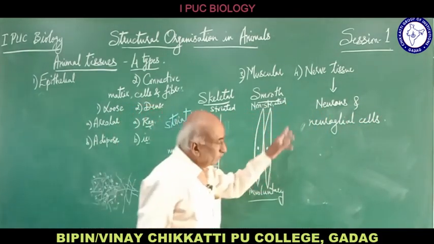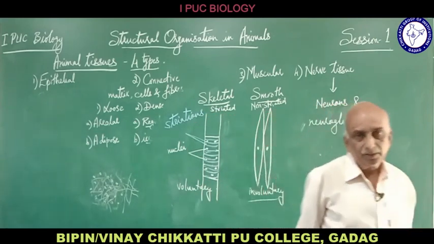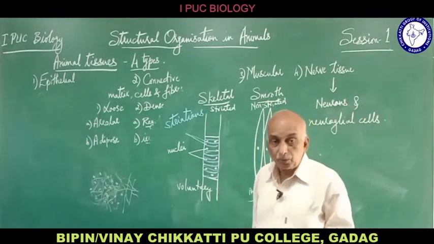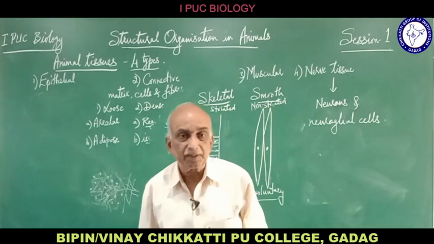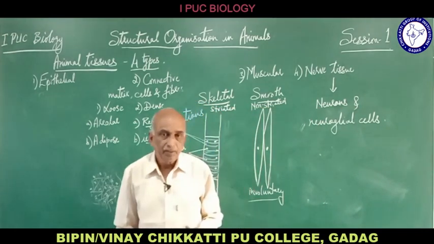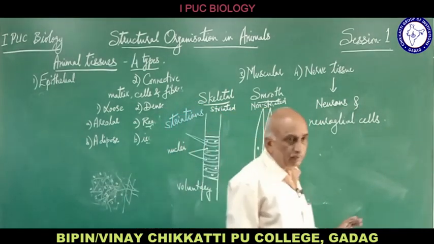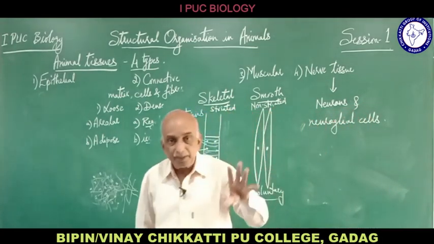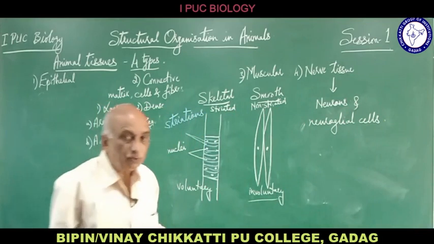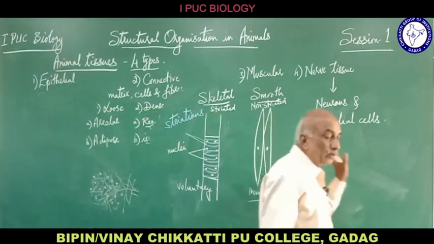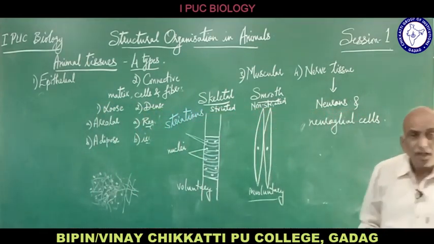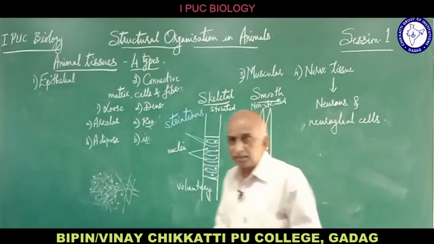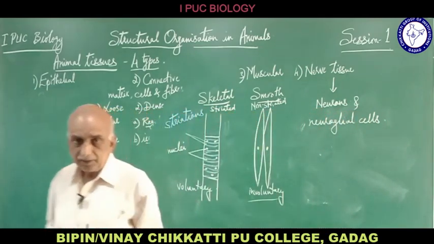So the nerve cells in a nerve tissue are the neurons. The neurons are the structural and functional units of the nerve tissue. The main function of the nerve tissue is conducted by the neurons, and supporting the neurons there are the neuroglial cells. So the neuroglial cells are the supporting cells which help in the functioning of the neurons.